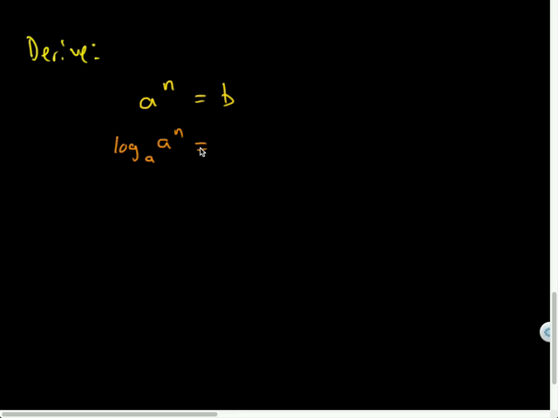I know why this is true, but how can I show it effectively? I'm going to get n equals something. Well, make that log base b at both sides. Let's just see if this works out the way I want it to.